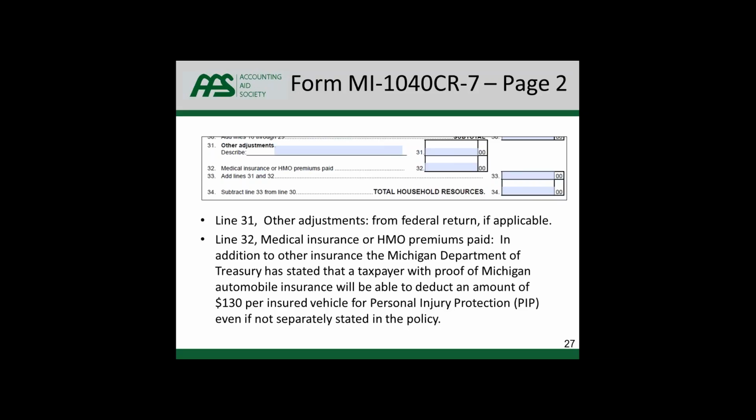The other thing I just wanted to mention, it's primarily been used by volunteer groups, but Michigan Department of Treasury has stated that someone with proof of Michigan automobile insurance will be able to deduct, or more properly, they wouldn't challenge an amount of $130 per insured vehicle for personal injury protection, even if it's not separately stated in the policy. That would generate an extra couple dollars of heating credit, but I didn't want to leave this out.